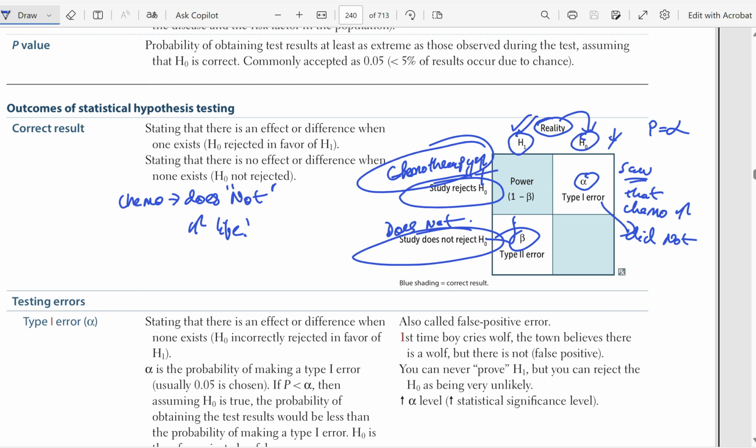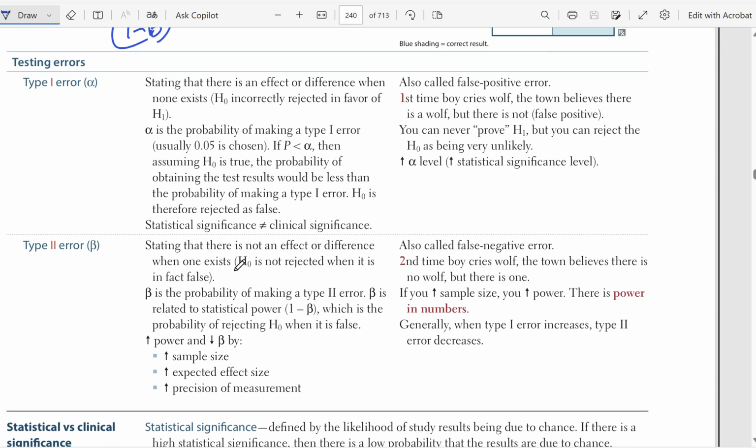So the power of a study is nothing but 1 minus beta. That's the power. And that's the type 2 error, beta. So if you understand beta, it is stating that there was no effect, but actually there was.